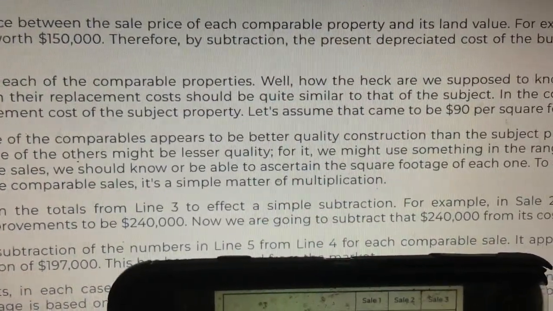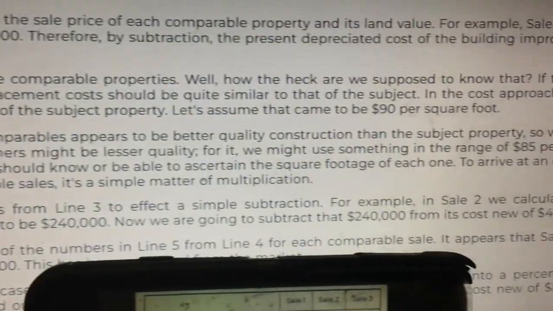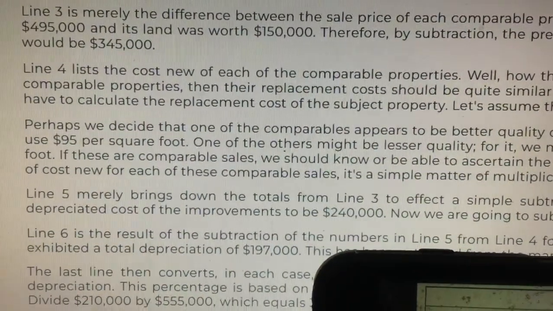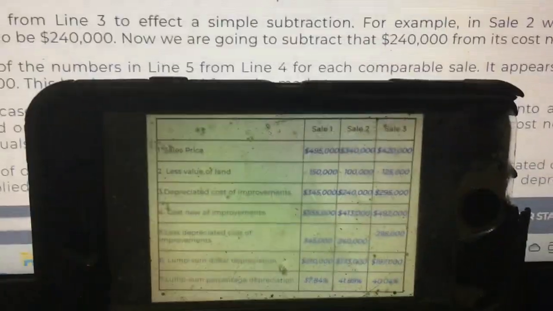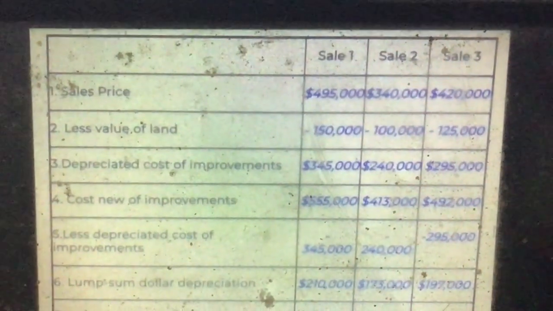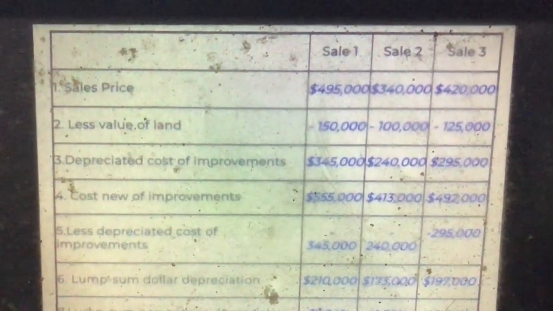Therefore, by subtraction, the present depreciated cost of the building improvements would be $345,000. That's line 3.